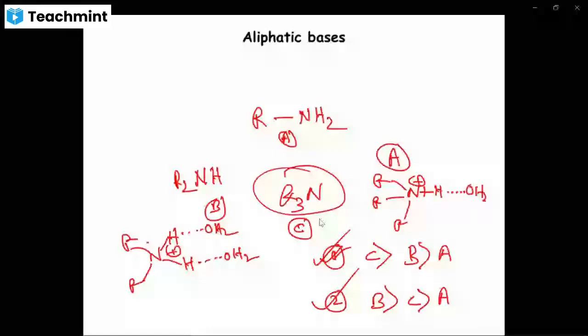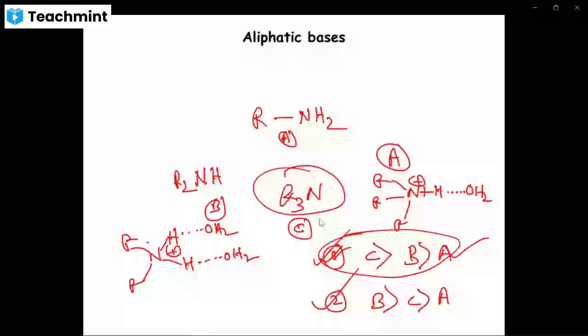If you consider gas phase basicity, then this is the correct answer, because there is no solubility, only inherent electronic nature plays the role. But when we talk about basicity in solution, then we have to incorporate the acid solubility factor, so we have to take inductive effect as well as solubility, and then this will be the order.